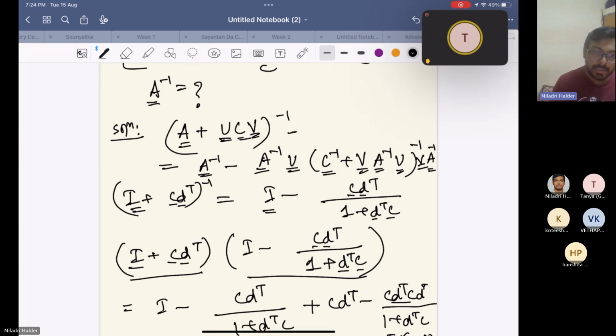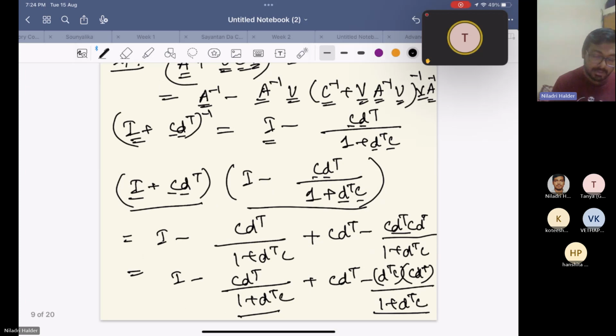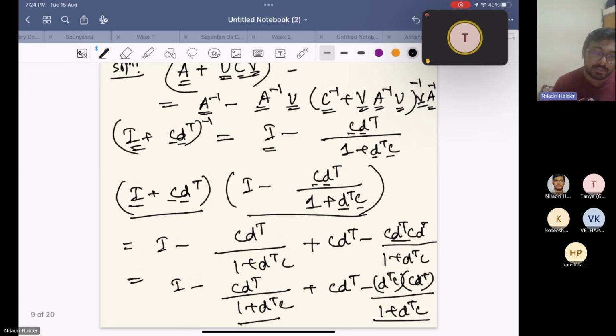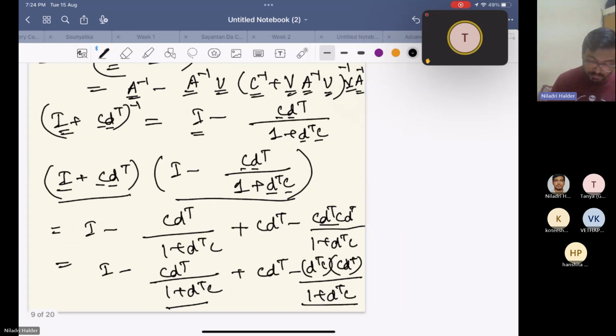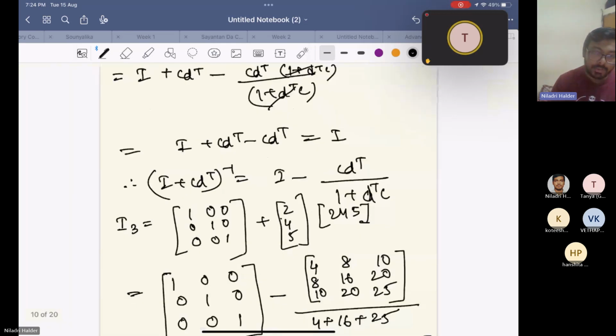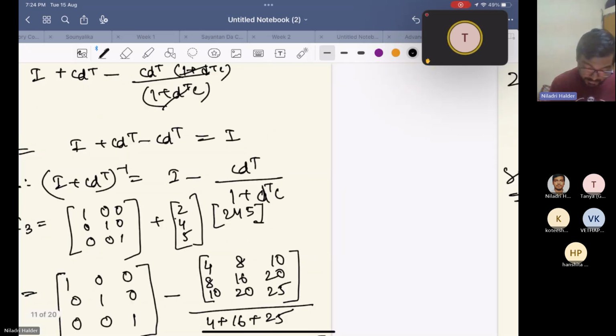I have used this lemma to find the inversion of the matrix I plus CD transpose, which is equal to I minus C D transpose times 1 divided by 1 plus D transpose C. Then you can put those C and D in this equation and find the inversion of the matrix.